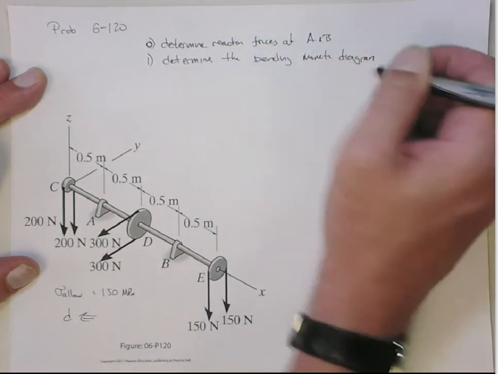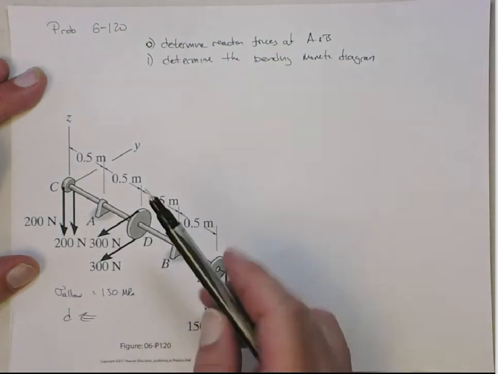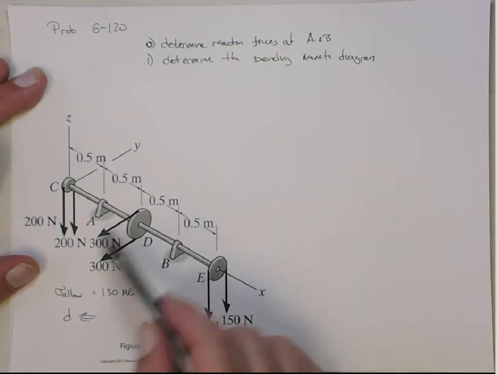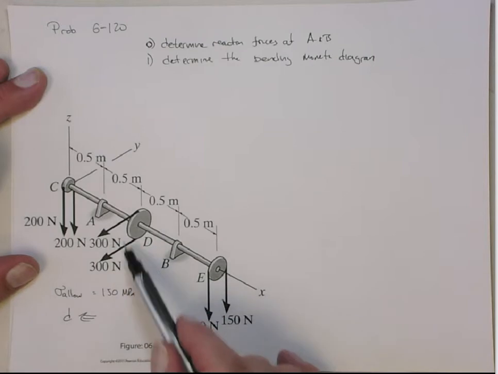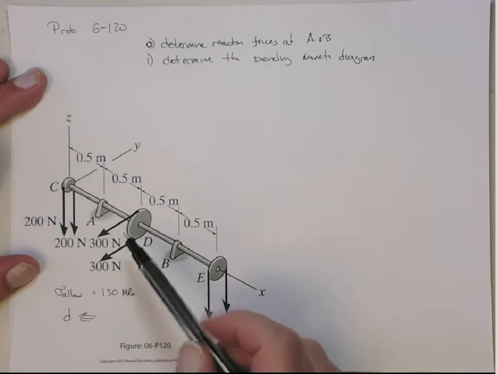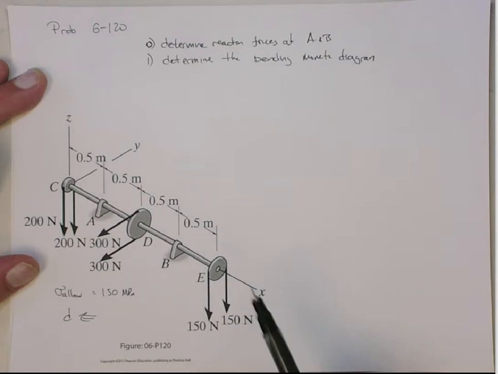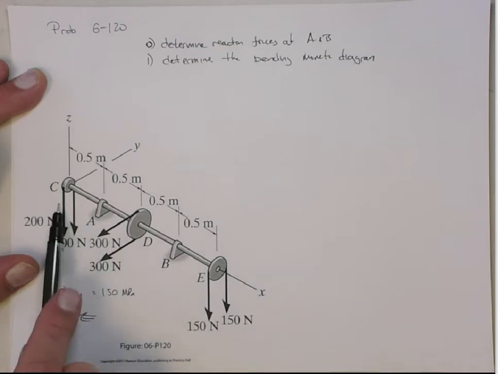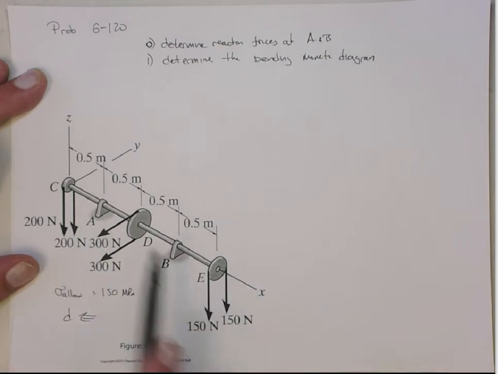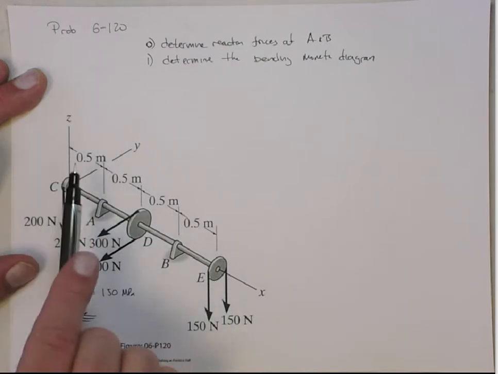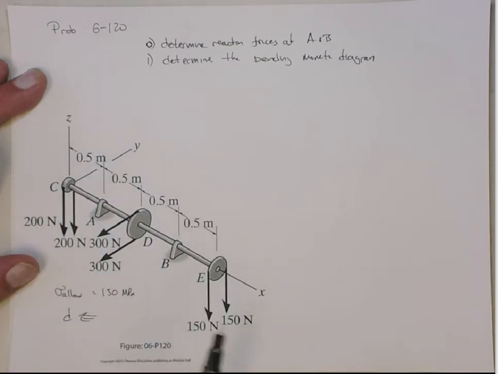If you look at this problem, what you'll see is there's actually this 300 Newton force at both of these, or actually it's 600 total, which causes bending in the yx plane. And then the forces at pulley C and E cause bending in the zx plane. All right, so we're going to have to consider those separately.